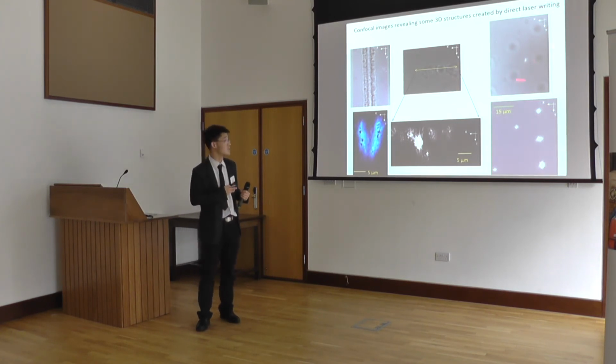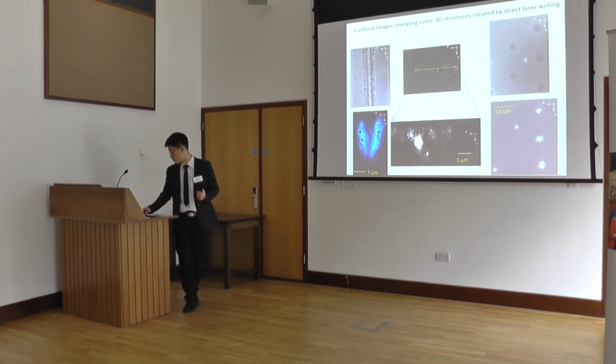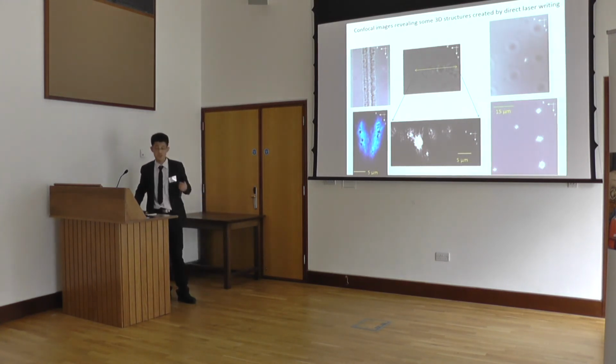You can't detect that with a transmission microscope, but you can clearly see it in a confocal microscope. That gives you the idea of what the phase profile is like for this application.